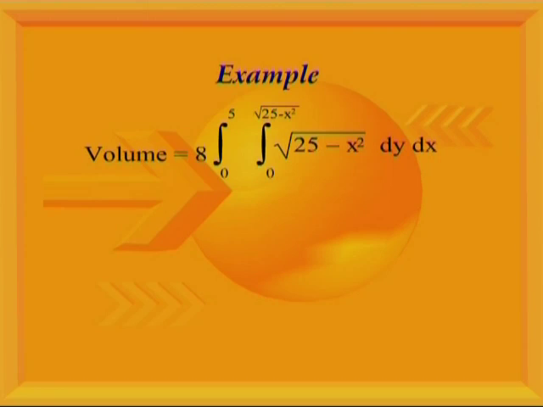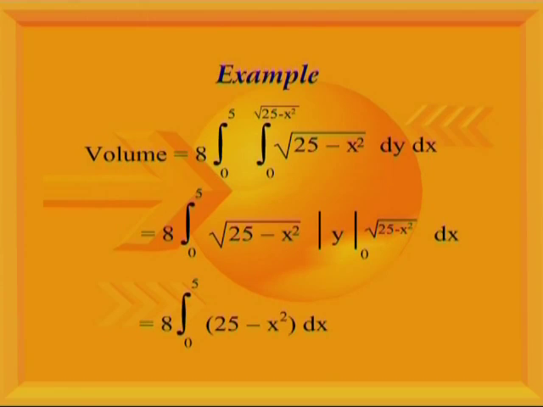The limits for y is equal to 0 to y is equal to square root of 25 minus x square, and the limit for x, the outer limits will be from x is equal to 0 to x is equal to 5. And you can see here, for getting the required volume, we are multiplying this by 8.